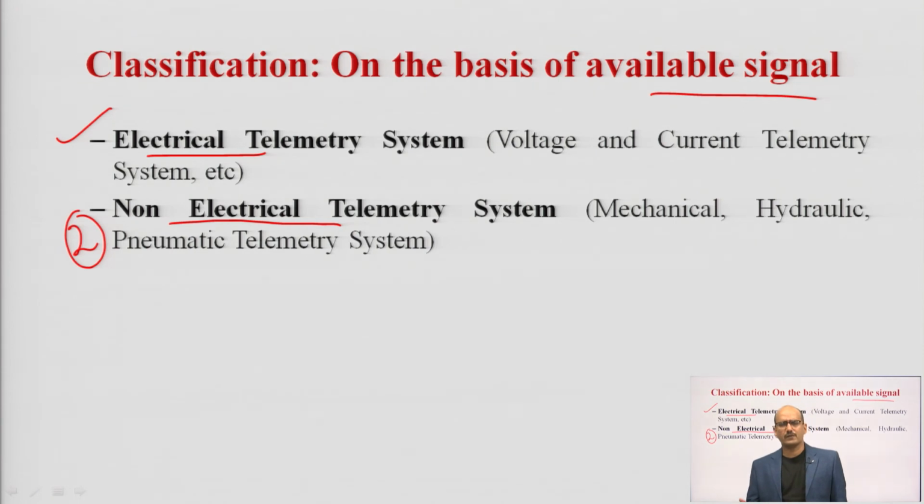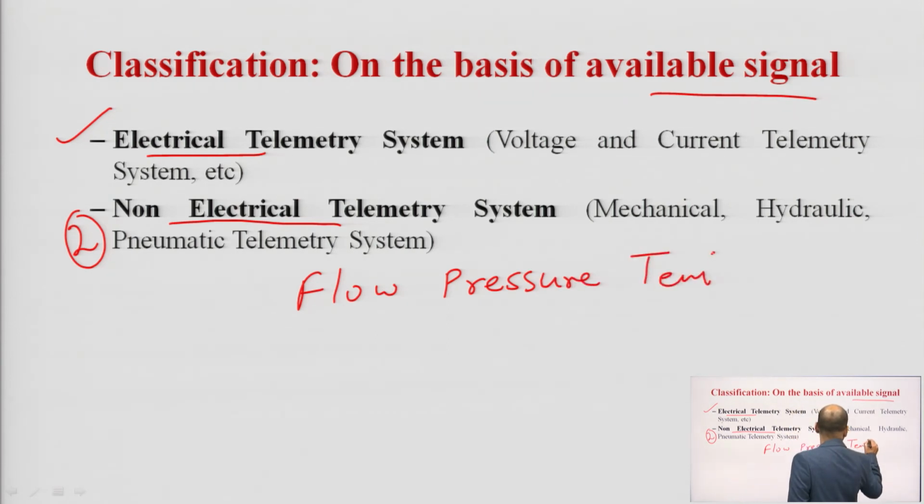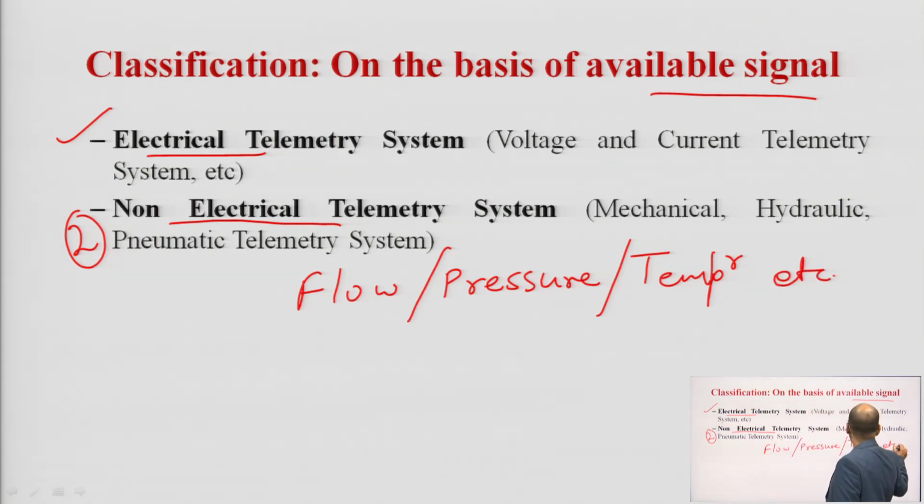Basically, when we go deep into the study of non-electrical and electrical telemetry, you can understand one point. In the non-electrical telemetry, all the parameters or all the quantities are in the form of physical quantities only, meaning flow, pressure or temperature. You are going to transfer these physical quantities directly.